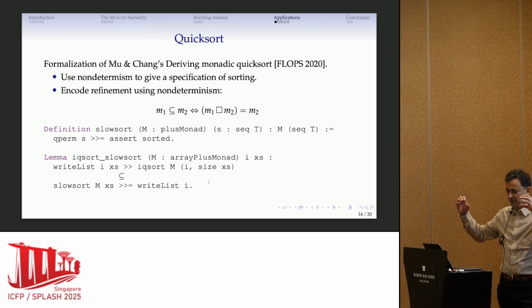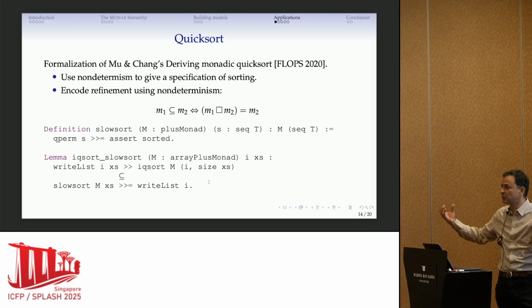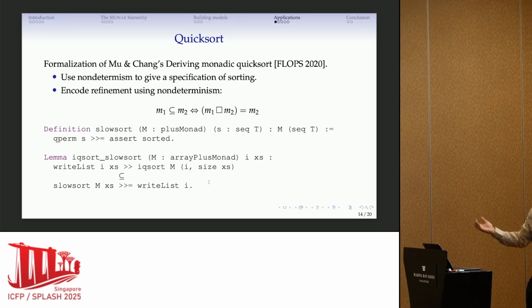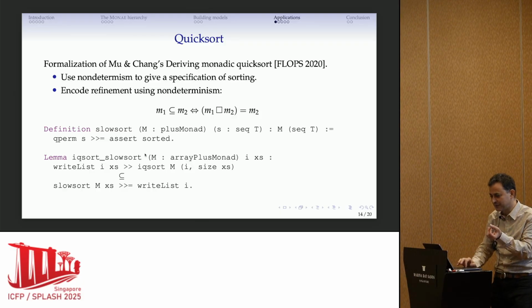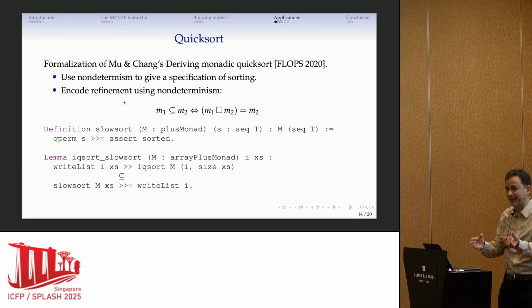Usually when you do monadic equational reasoning, you are just proving that the program is equal to the specification. But here, because we need nondeterminism, the specification is wider than the program. So it cannot be the case that the program is equal to the specification. But what we can do is encode the notion of refinement in the equality.